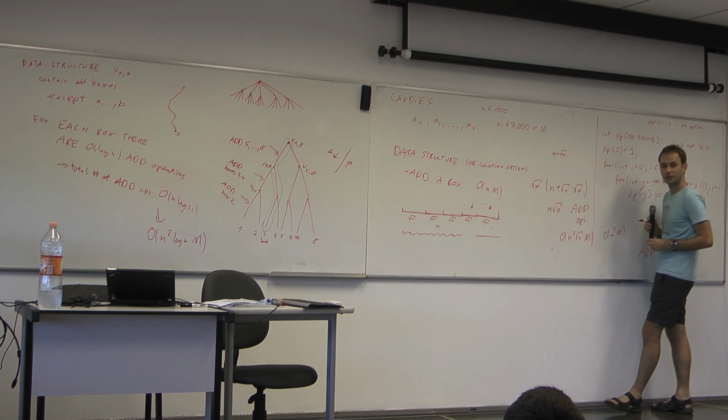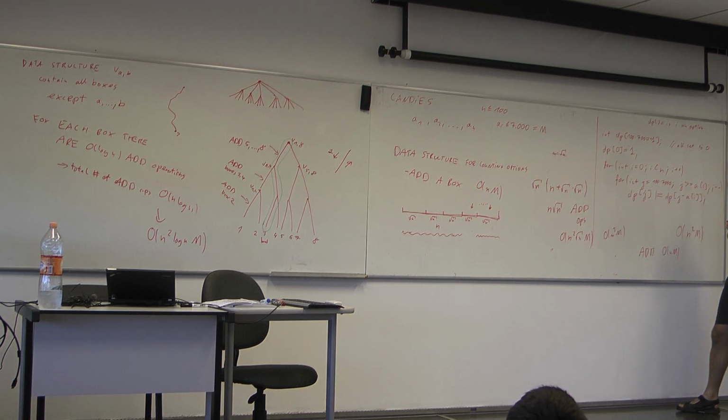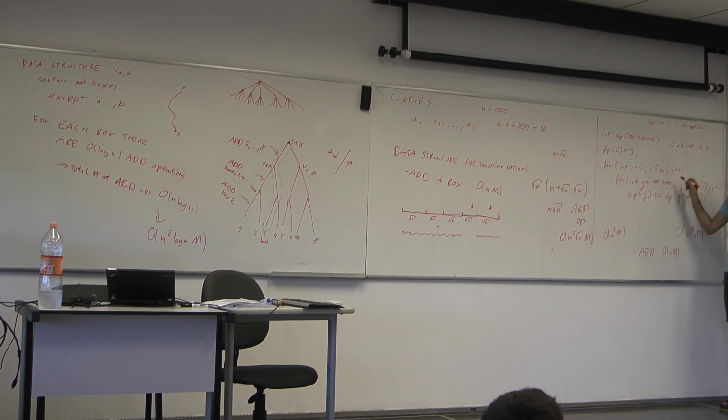But if you are adding only one box, right? Yes, it's still n times m. Adding one box is still n times m. This is the operation of adding a single box. Yeah, because the array size has to be the number of boxes times the total size of one box, because it has to be able to hold the values of this size, right? That's why.